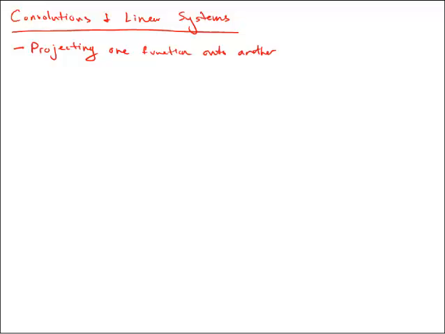Okay, what does a linear system do? Or the technical engineering term for this is linear time invariant system, or LTI, if you're looking for search terms to Google later. But what does a linear system do?